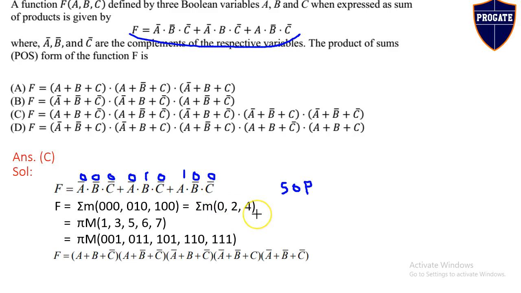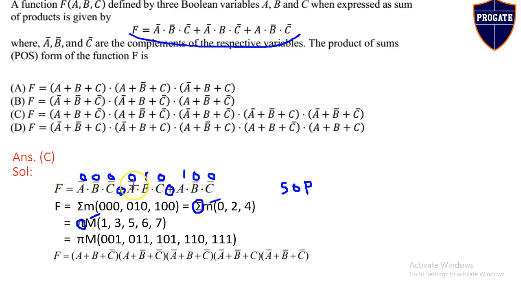While converting from sigma m notation to capital M notation, sigma means sum of, and small m represents min terms. Here pi means product of, and capital M means max terms. Sigma means sum, that's why we are using the additive operator here, and small m means min terms.